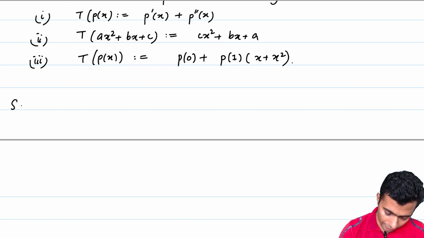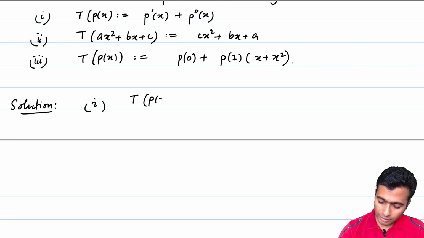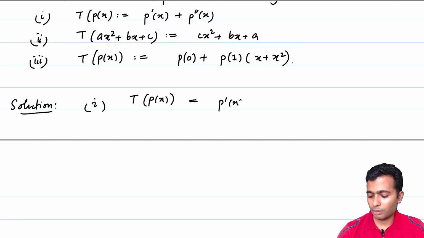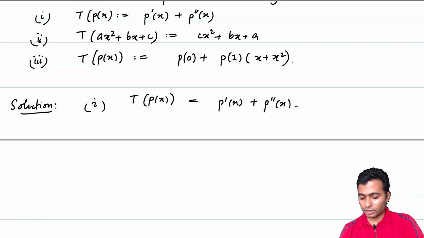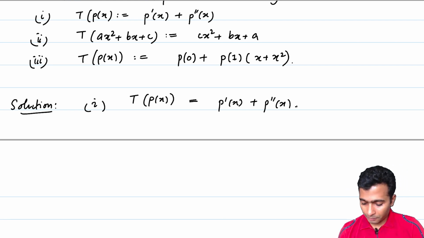So let's start with the first one. Solution. Namely, P of x is sent by this operator to P prime plus P double prime of x. So I'll not bother checking whether T is a linear transformation. That will be an easy check.